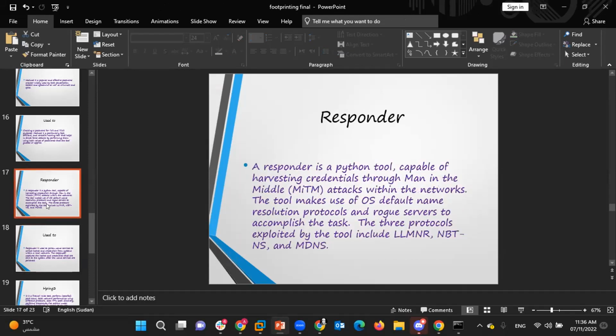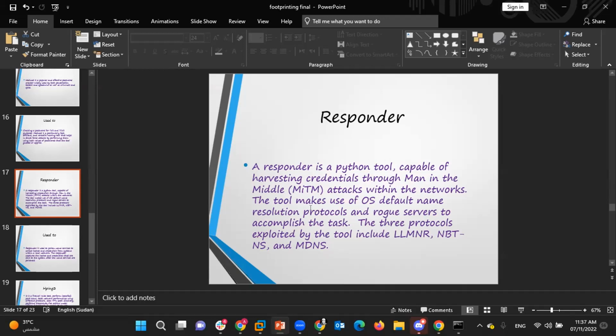I have not used Responder a lot, many times, but it looks like Python. It's simple, it's written in code, I think TCL code. This code looks like Python.